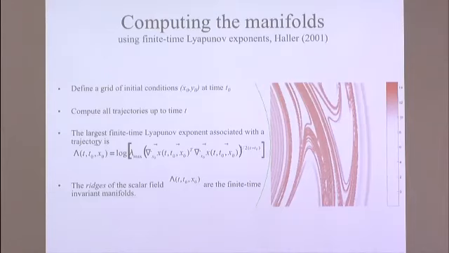This is actually the border of the hole, and the boundary of the vortex would be somewhere over here. I compute the trajectories of all the points in this region up to some time t, and then I find the largest finite time Lyapunov exponent field by this expression.